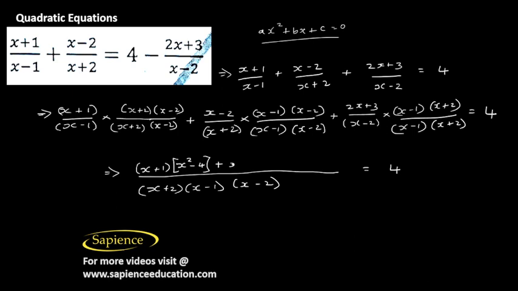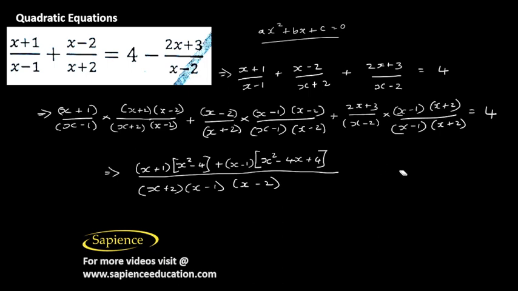Now the next term, let's keep x minus 2. There is 2x minus 2 in this case: x minus 2 into x minus 2 into x minus 1. So what we can do is keep x minus 1 here, and we can take x minus 2 whole square. We know the formula for x minus 2 whole square will be x square minus 4x plus 4.